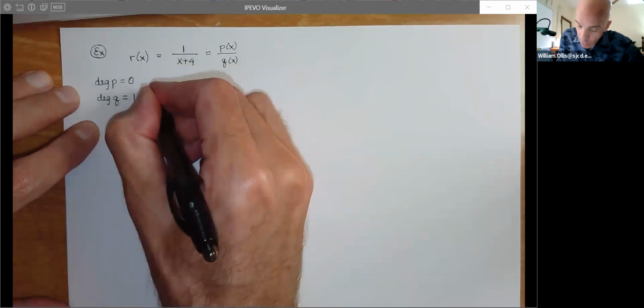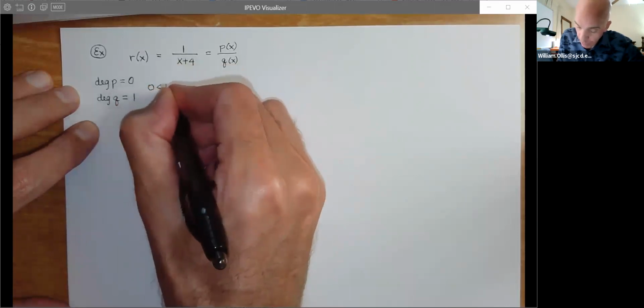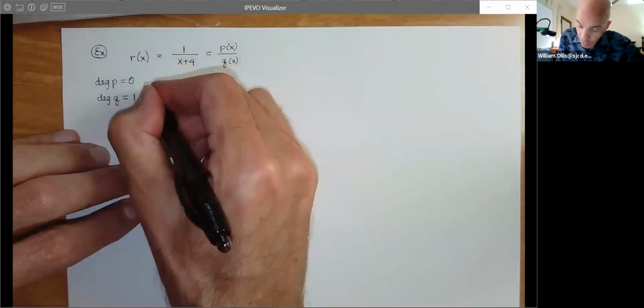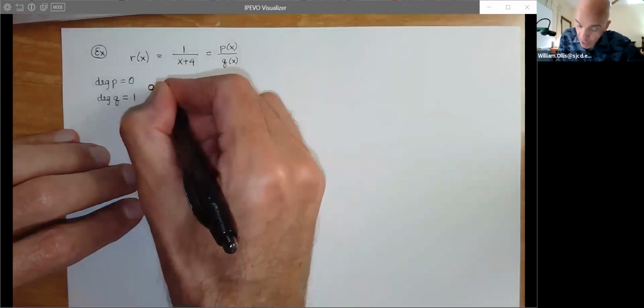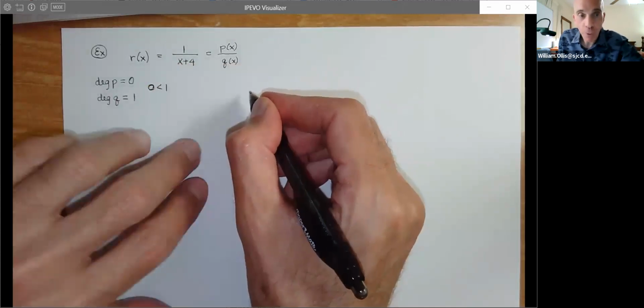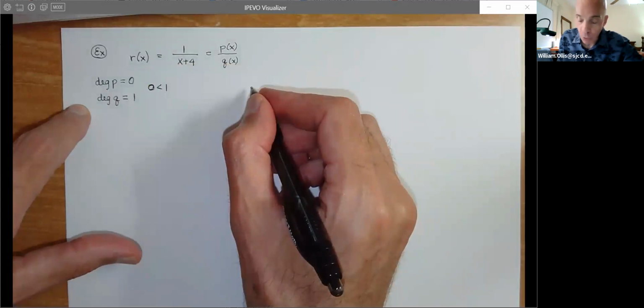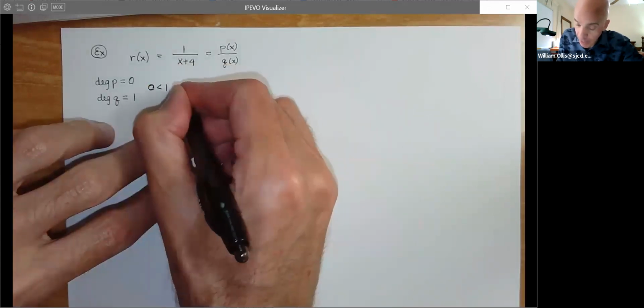Now, 0 is less than 1. I mean, that's pretty profound when you think about it. We have to understand the number system, but I'm just making a point. The degree of P is less than the degree of Q. So this implies that we have case 1.